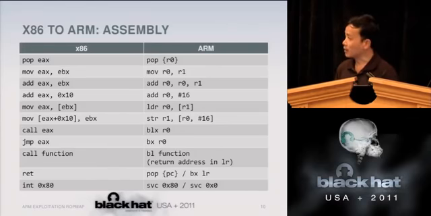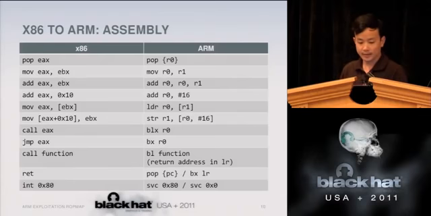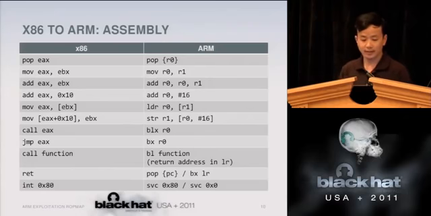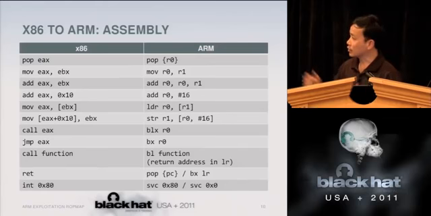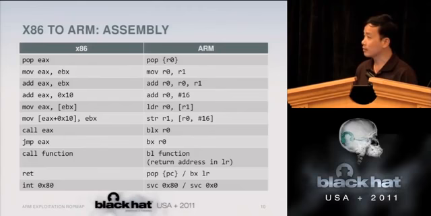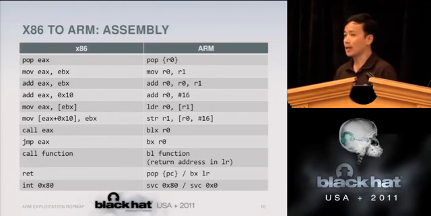For indirect calls and jumps, the instructions are BLX or BX correspondingly. For returning from a function call, in ARM it's pop PC, or BX LR, which just jumps to the link register, or you can even do something like move PC with a value directly.